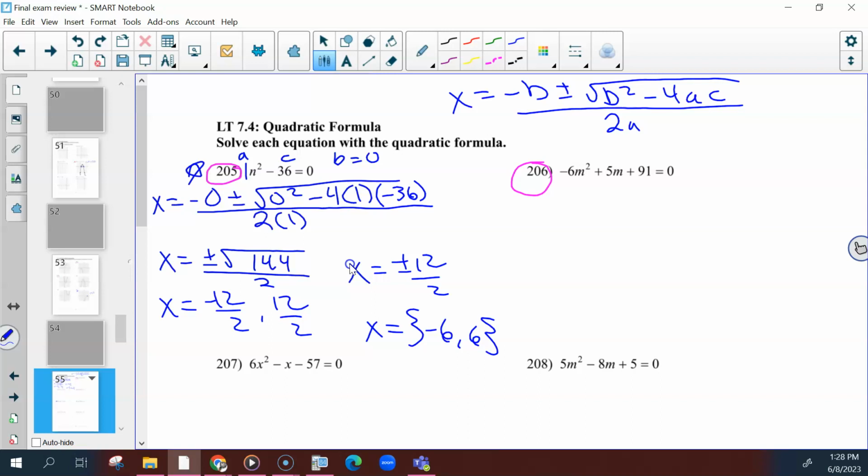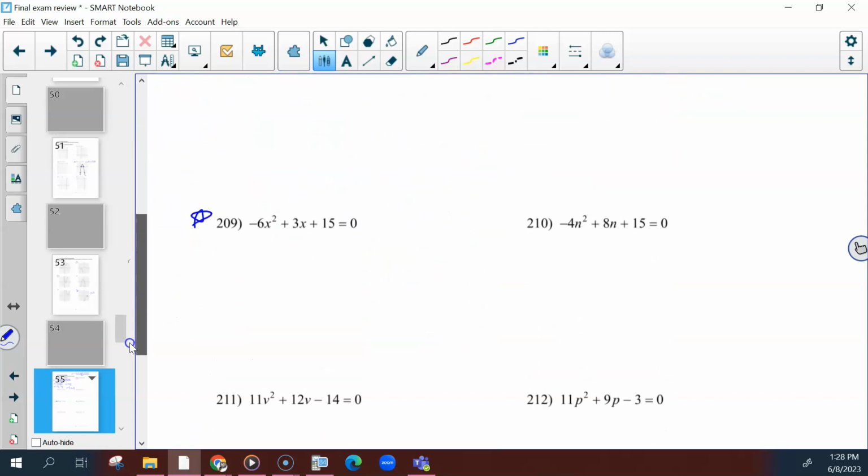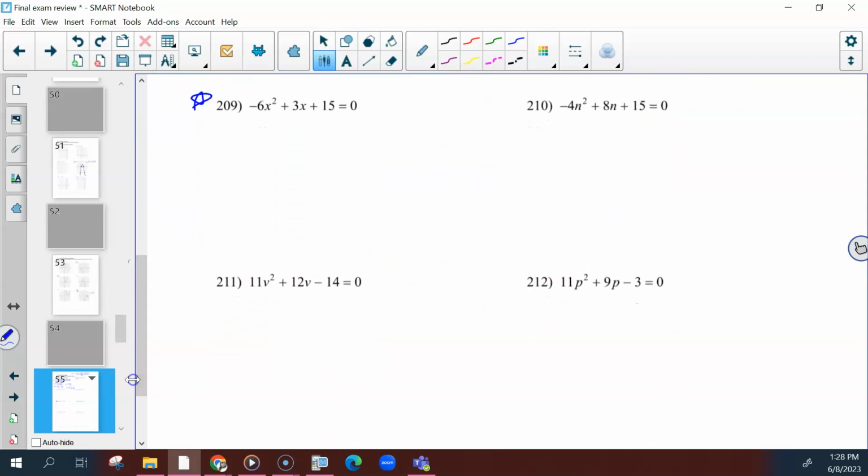Let's do 209. Same process. Label your A, B, and C. And then start to put everything in your formula.